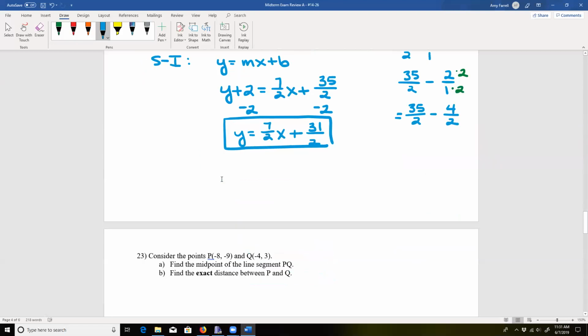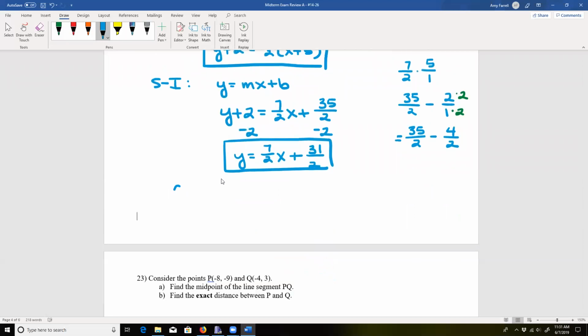Okay, lastly is general form. General form is ax plus by equals c. Basically, we have x and y on the same side of the equation and the constant all by itself. So with this equation here, y equals 7/2x plus 31/2, I want the x and y to be together.